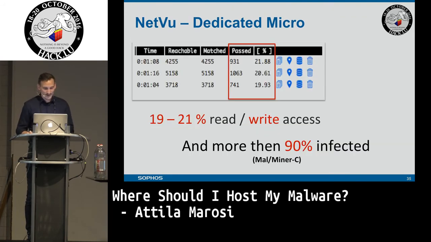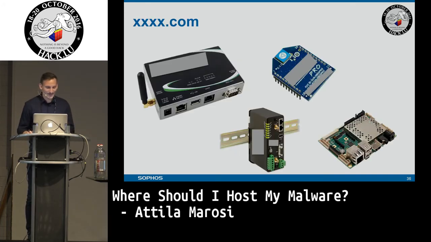So in this test, roughly 20% of the devices can be accessed, so you can get the videos as well, and you can write something there and modify the firmware if you would like to. So it's very scary.